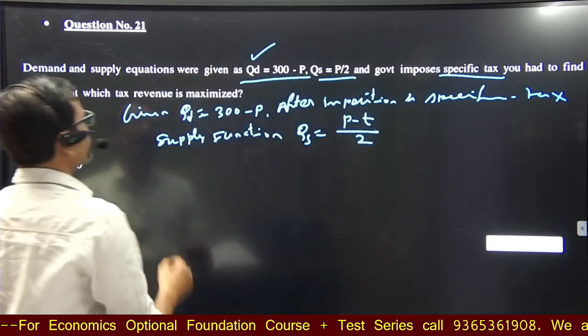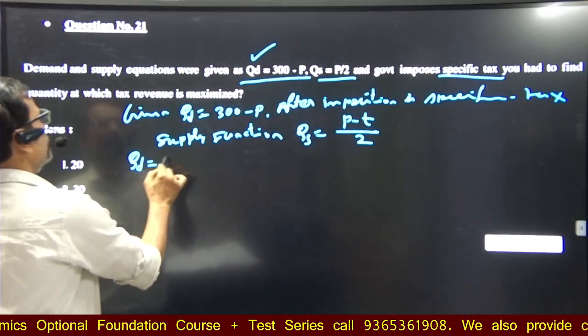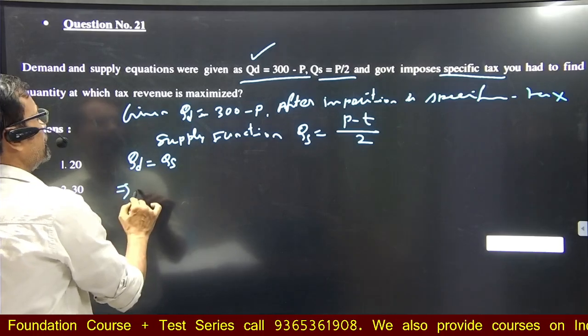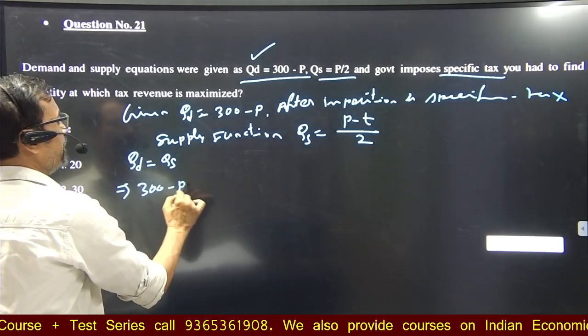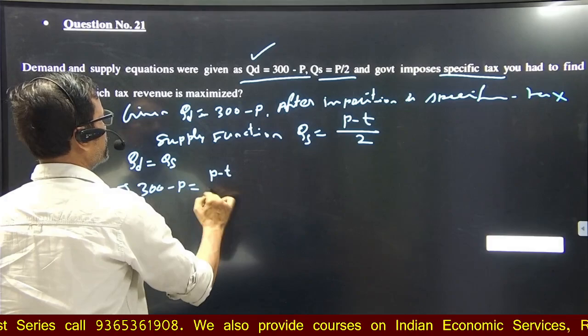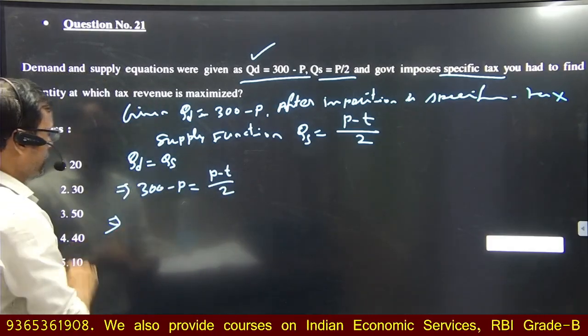Now in the equilibrium condition, 300 minus P is equal to P minus T divided by 2.